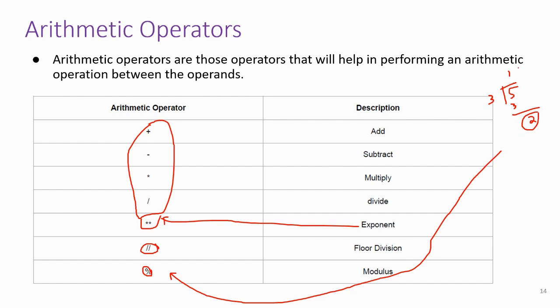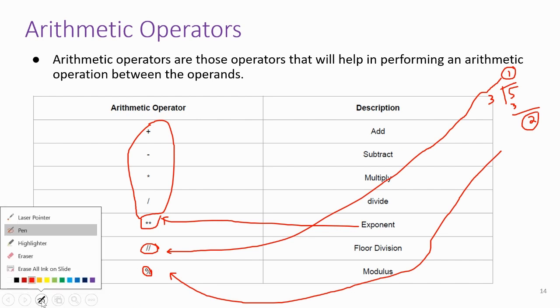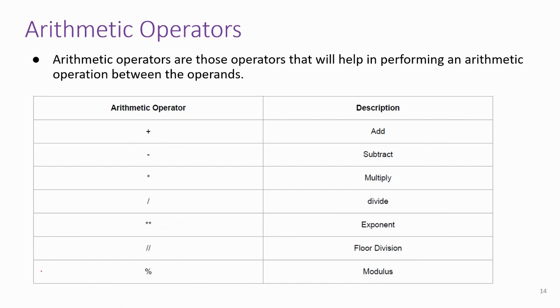This 1 is the result of floor division, and this 2 is the result of the modulus operation. Whenever we require this type of output, we can make use of these operators, and we will apply them in our following sessions.